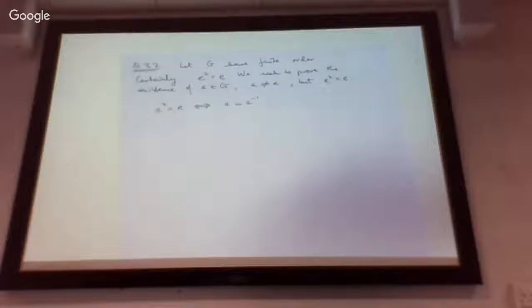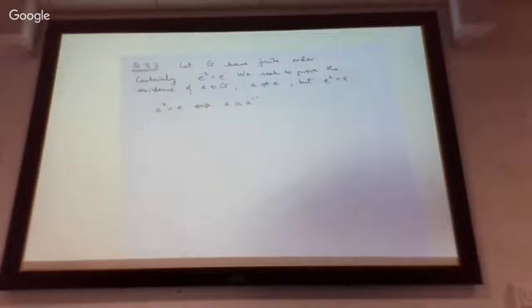It also had symmetries which were reflection in the horizontal axis of the rectangle. Well, any reflection of the plane in a line, if you do that twice, everything's back where it started. Again, that's the identity, and it also had reflection in the vertical axis through the center. V, we call that. And again, V satisfies V squared equals the identity. So in other words, V is its own inverse.